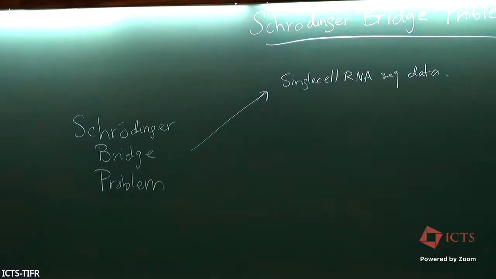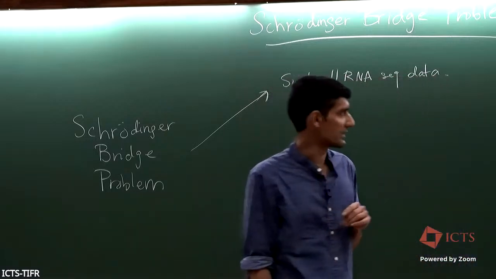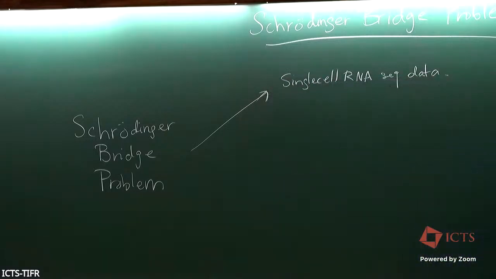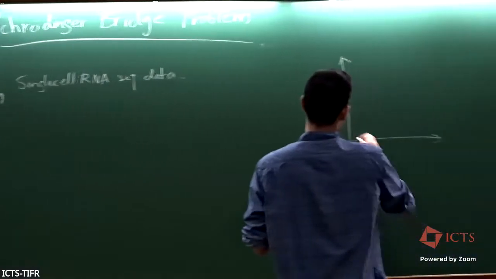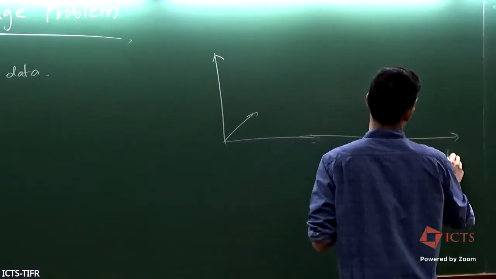Right. So the idea here is that when you do a single cell RNA sequencing assay, what you get are samples at a particular instance of time, right? So you kind of sequence a bunch of cells. These cells are destroyed in the process, but what you get is some estimate of their state. So I'm going to draw this as time. So this is the time axis.